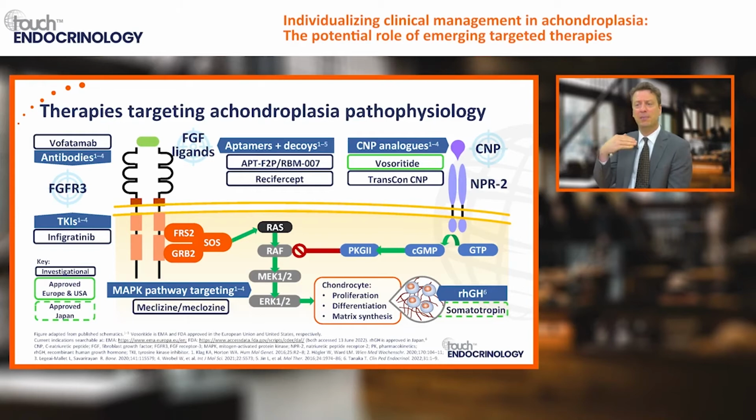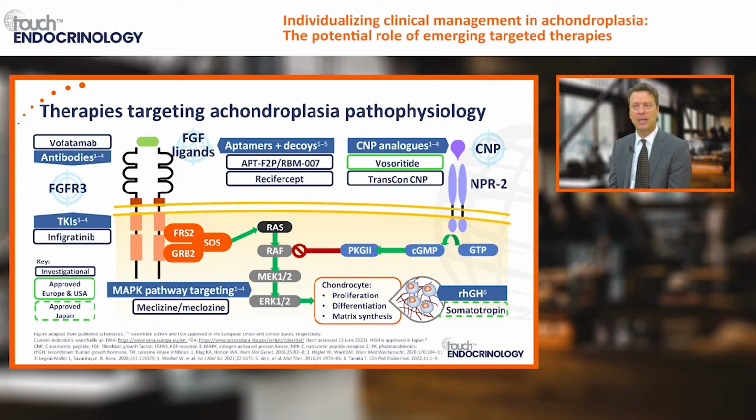Another is to have antibodies to the receptor or to have an inhibitor of the tyrosine kinase domain of the receptor itself. A different approach is to use that CNP pathway that we've been talking about so much by making analogs of CNP and increasing signaling through that CNP-NPR2 pathway, thereby blocking the downstream signaling of the FGFR3 receptor.